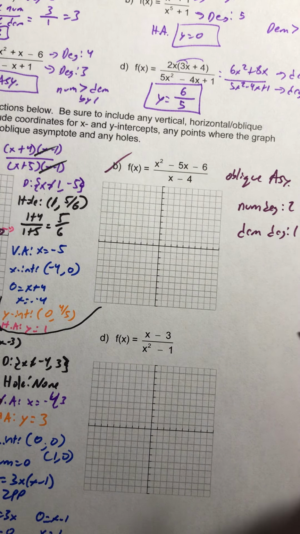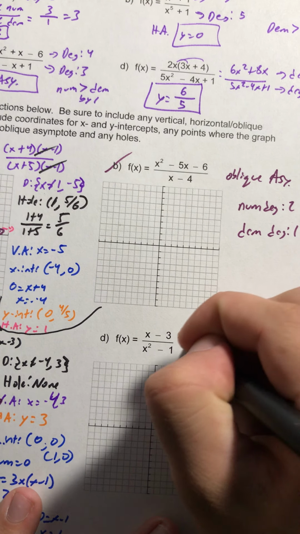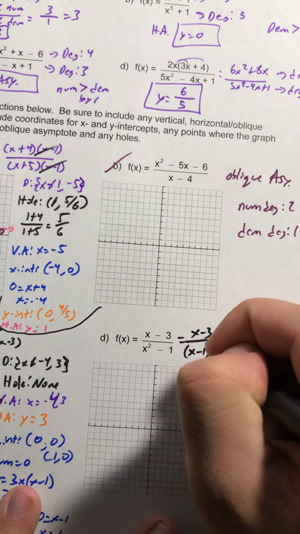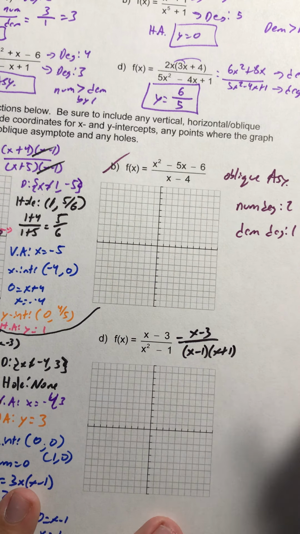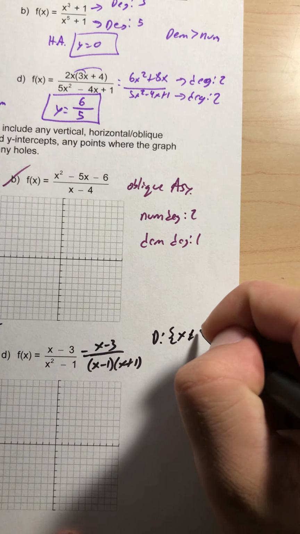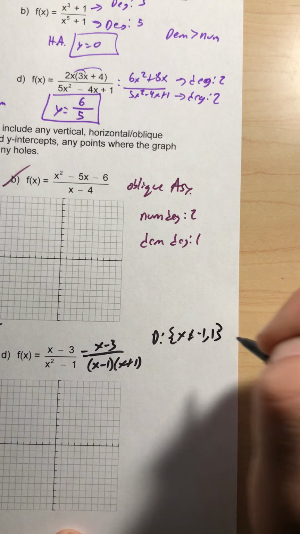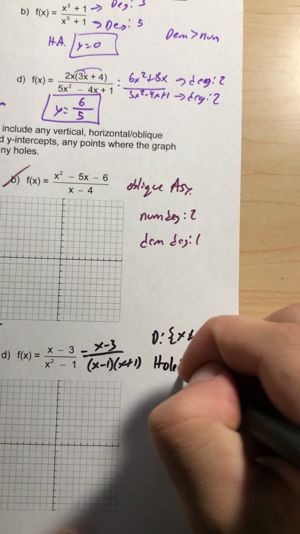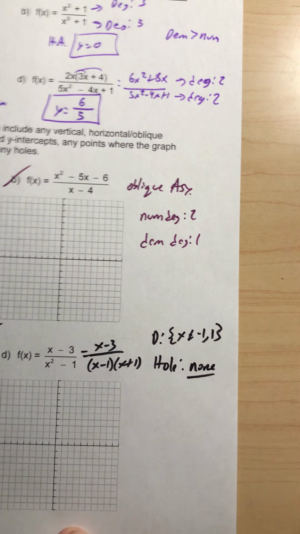So I'm going to factor this. I get x minus 3 over x minus 1 times x plus 1. That means my domain: x cannot be negative 1 or 1. No hole, nothing cancels.